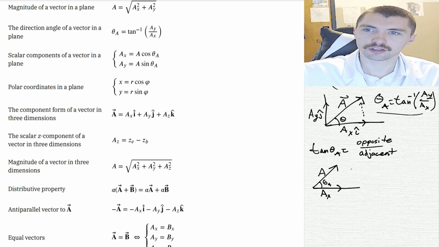So let's say we have A equals 20, theta A equals 45 degrees.